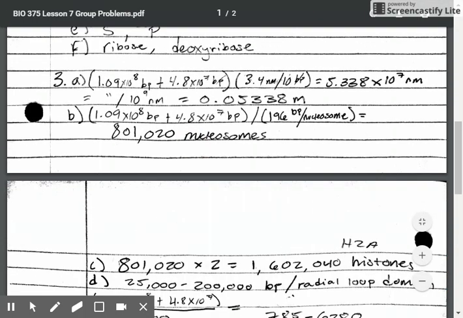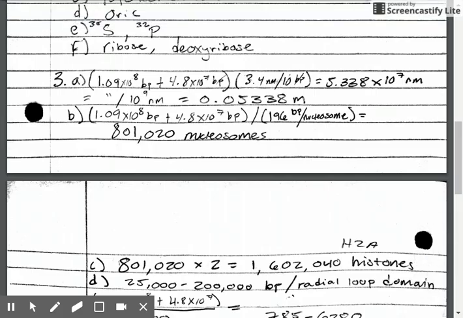part A. It's asking how long is the DNA portion of this translocation chromosome in meters. To calculate this, I added the number of base pairs, 1.09 times 10 to the 8th base pairs plus 4.8 times 10 to the 7th base pairs.